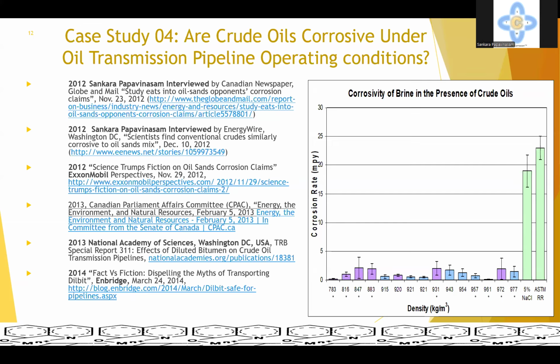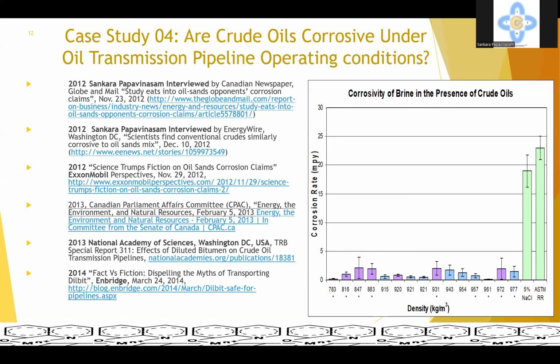This was developed using synthetic seawater in the absence of any crude oil. So this is the bottom line. This is the test we did at 5% sodium chloride in the absence of crude oil. And I showed that in the presence of crude oil, the corrosion rate dropped tremendously.